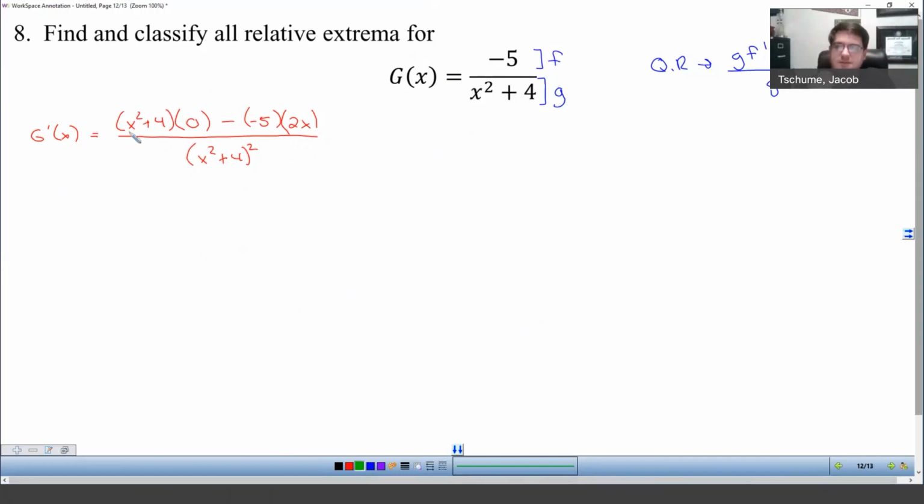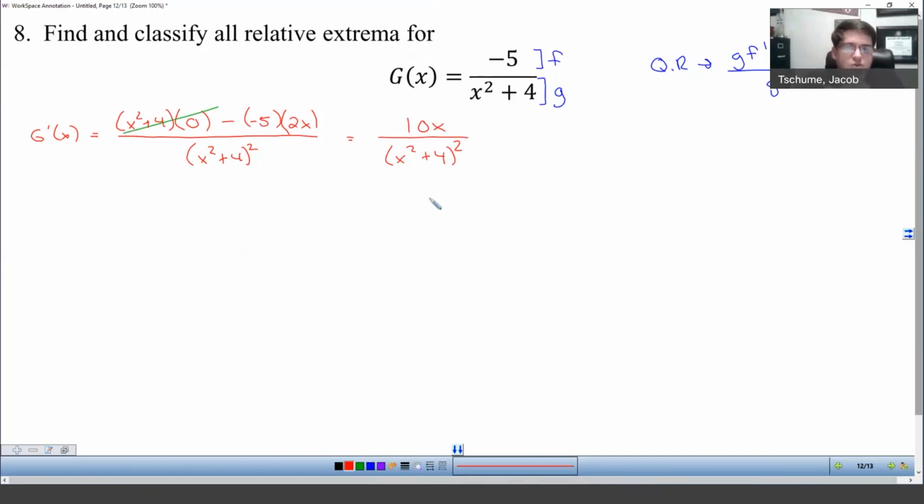Well, 0 times that first term goes away. Then you are left with negative times a negative is a positive, so that becomes 10x over x squared plus 4 squared.